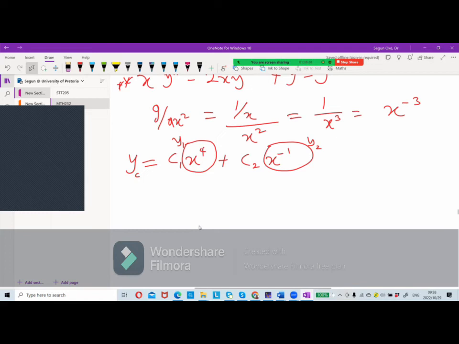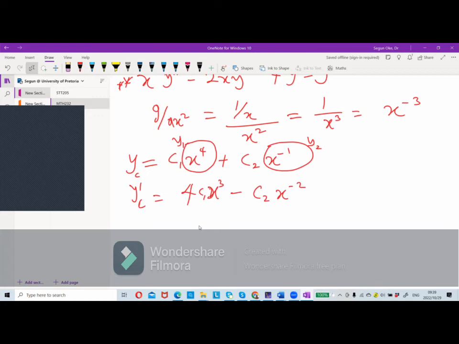So now that I know what is my C1 and what is my C2, how do I differentiate this? Somebody has done that before. Tell me, what do you have here? 4C1 x raised to the power 3 minus C2 x raised to the power minus 2.